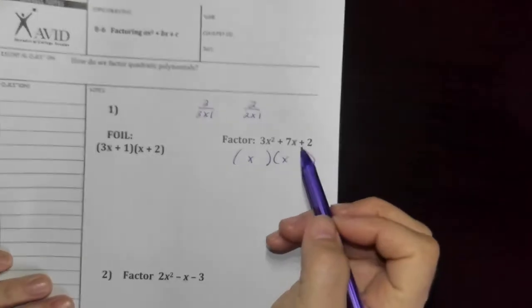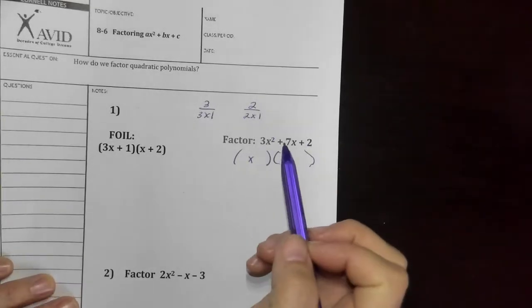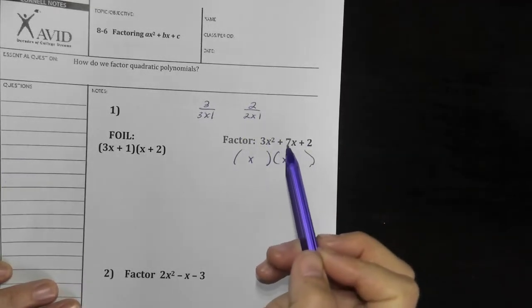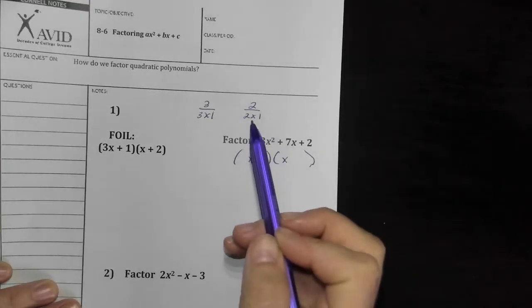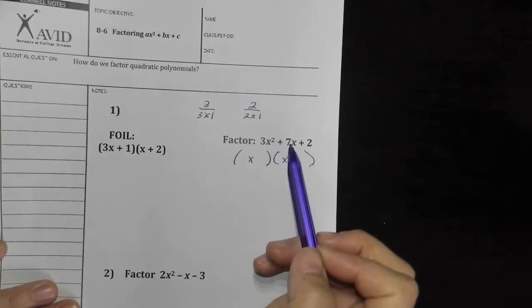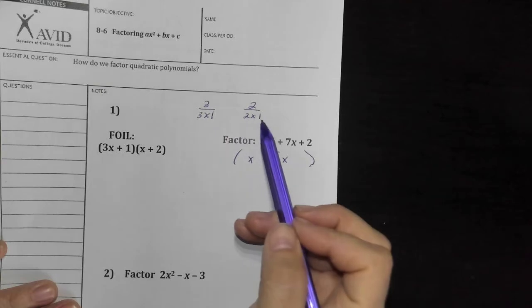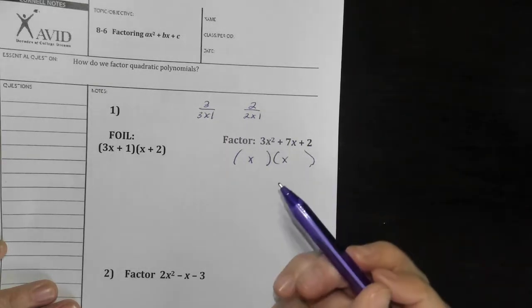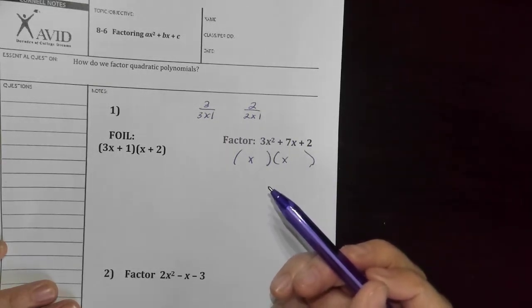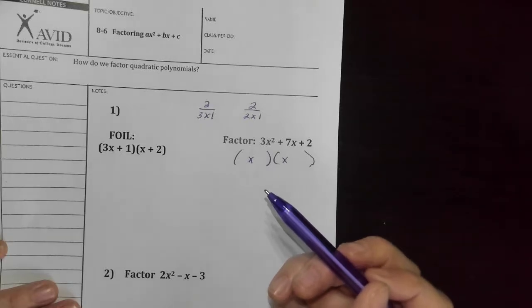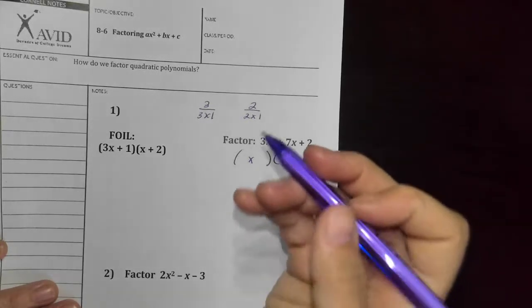And I've got to figure out how do I get my inside and outside FOIL items to add up to 7 and then get a product of 2 at the end. So honestly, it's just going to take some work.